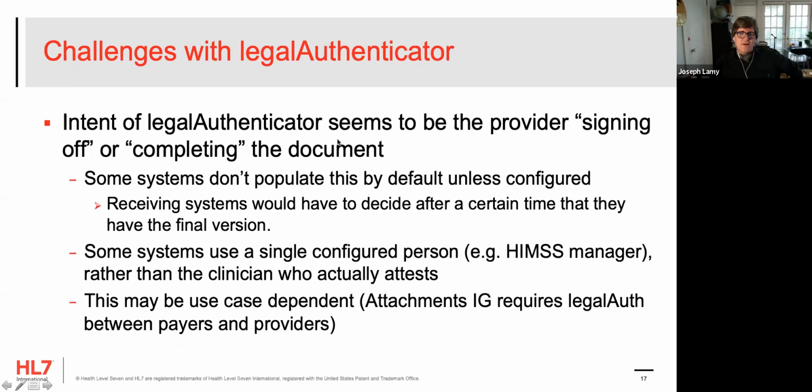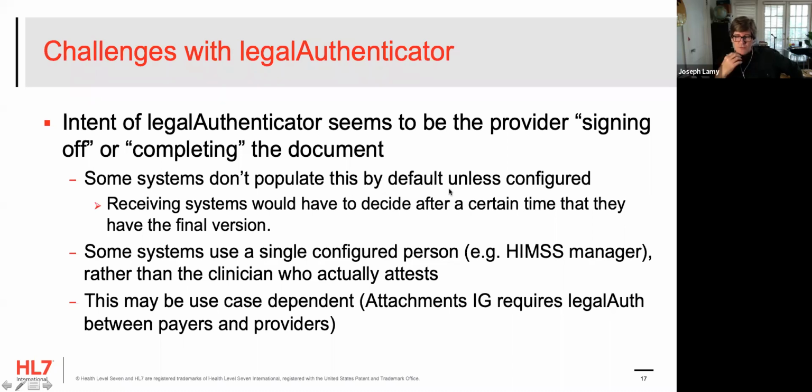And then this one gets its own slide because as we talked through this, we realized there is a bunch of confusion around legal authenticator. In the base spec, the only time the document is spoken of as being completed is adding the legal authenticator. And then we found that some systems don't populate this by default.